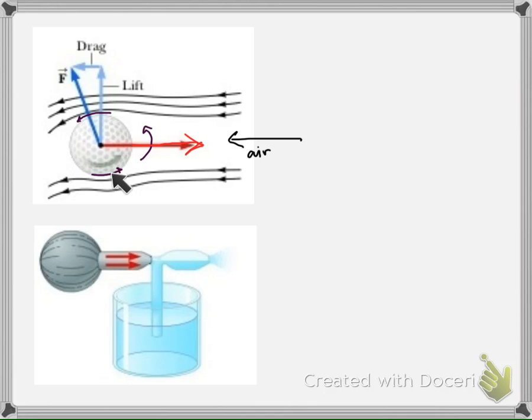If we look at this side, the direction of the motion of the surface of the ball is opposite to the line of flow.